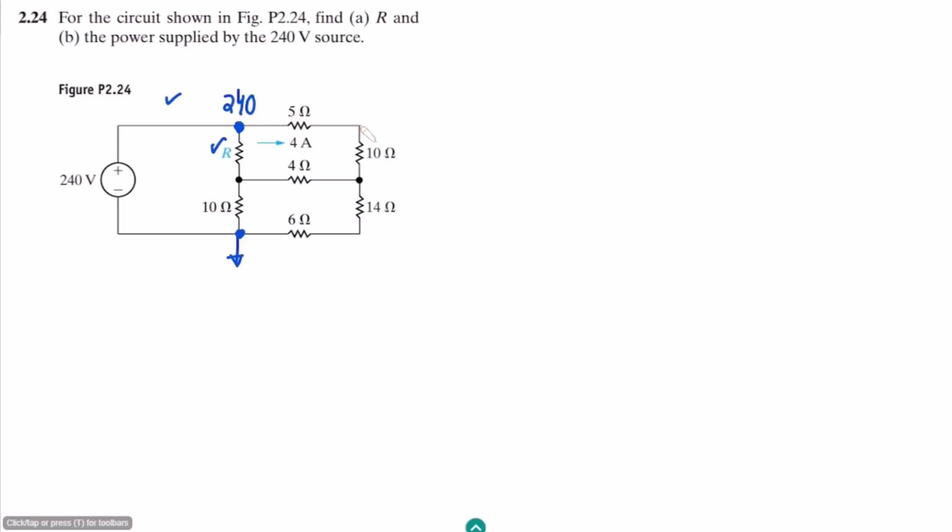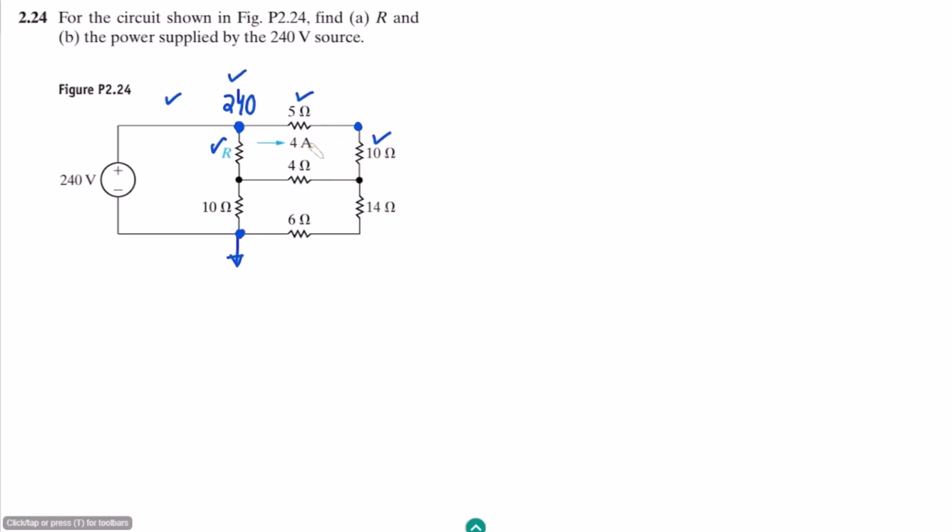Similarly, in order to find the voltage here, some voltage will be consumed across this 5 ohm resistor. This is 4 amps current, and we can see that this 5 ohm and this 10 ohm are in series, so the same current is flowing through both of them.